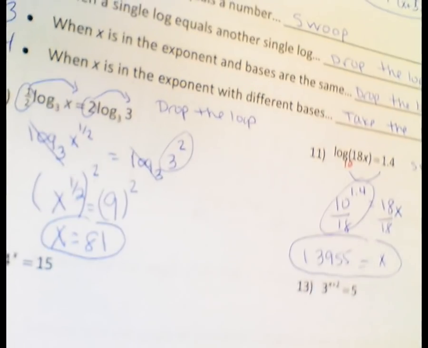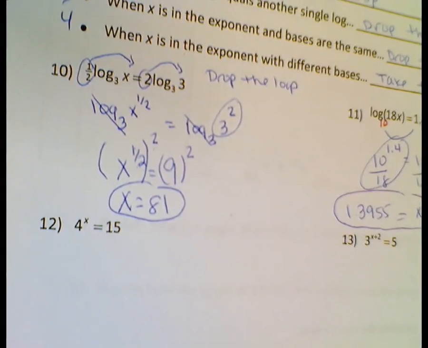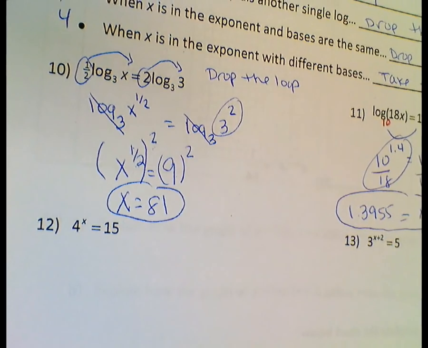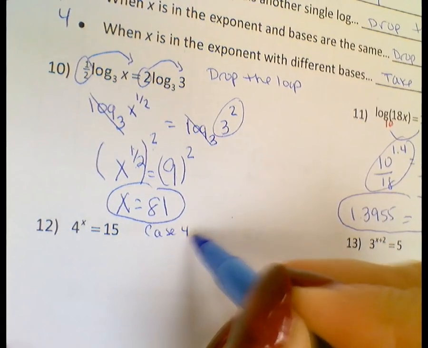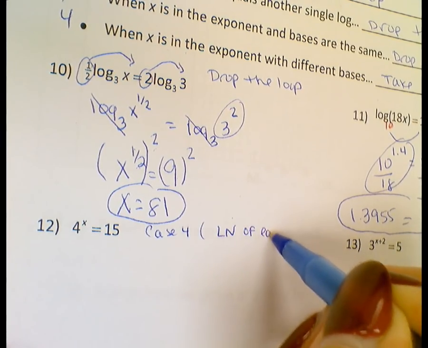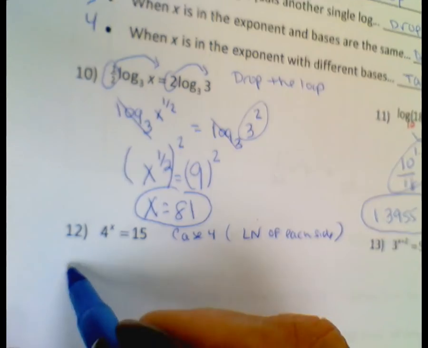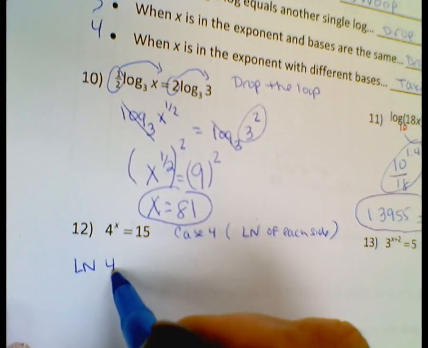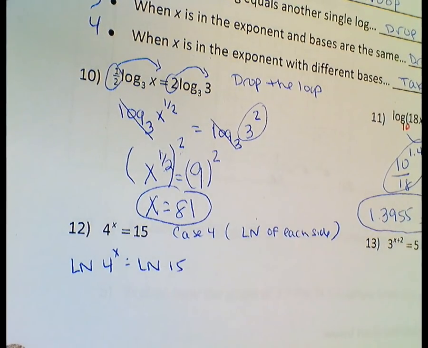What case do I have for number 12? Can I change 15 and 4 to the same base? No. So this is case 4. We're going to take the natural log of each side. So I want to go ln 4 to the x, ln 15.